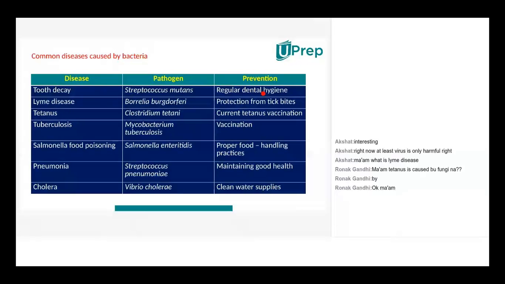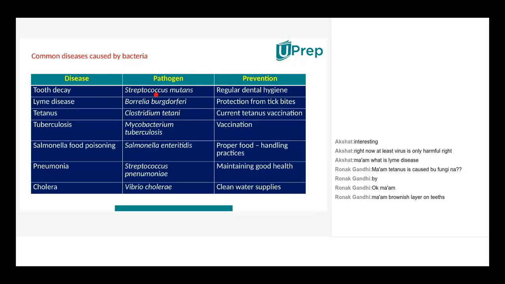Okay, here for every pathogen name we are having two words. See, the first word I'm showing on the slide, Streptococcus, is a bacteria, and under Streptococcus you have different species, among which mutans is the one which causes tooth decay. You have another Streptococcus in the same list, pneumonia.